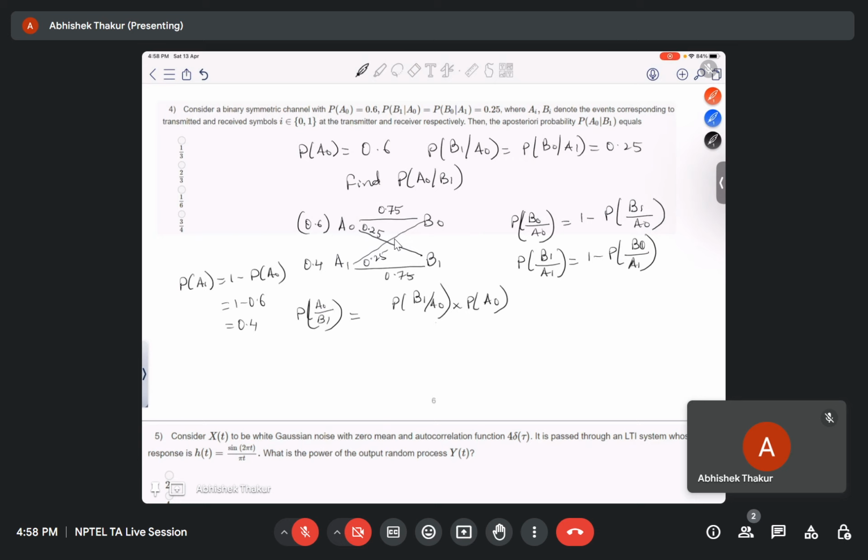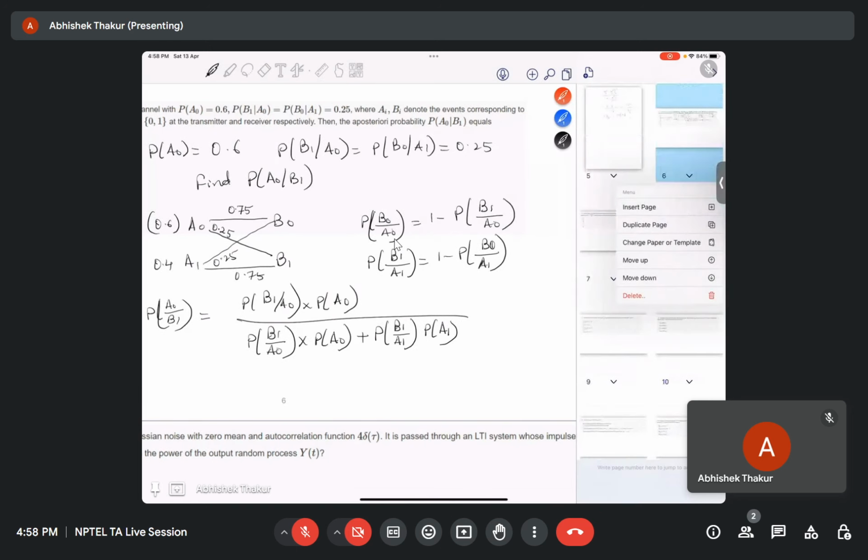So probability of B1 given that A naught has occurred times probability of A naught, divided by probability of B1 given that A naught has occurred times probability of A naught, plus probability of B1 given that A1 has occurred times probability of A1. So here we will add one extra page.